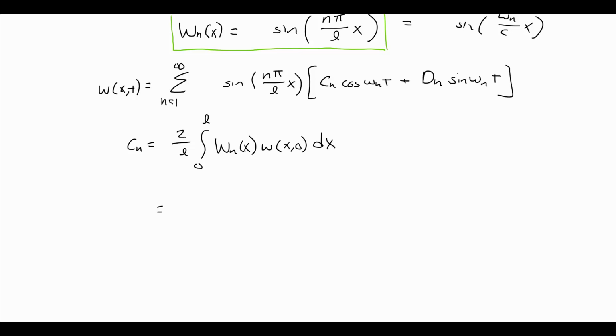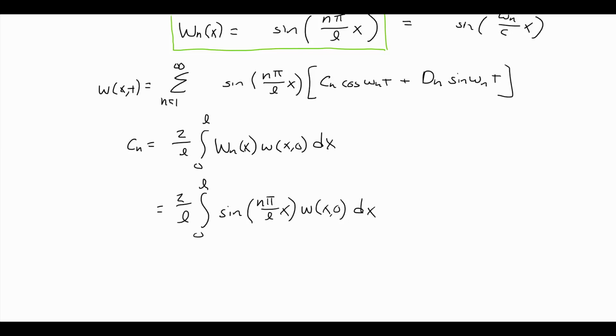So if I write this out a little bit, 2 over L from 0 to L, the eigenfunction was sine of n pi over L times x, and my initial position is that piecewise. I won't rewrite it right here, but that's the integral I want to carry out.